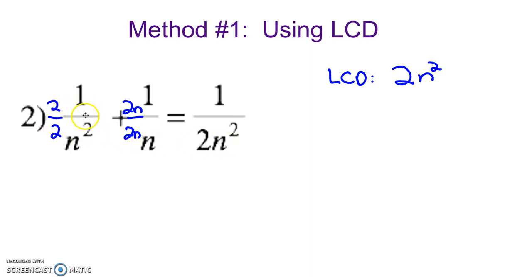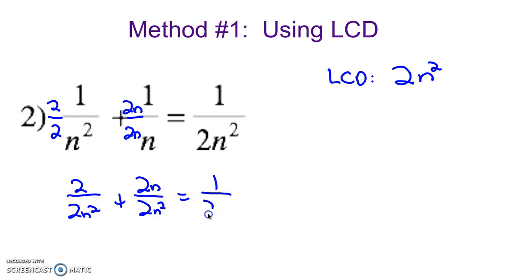Okay, so we'll follow our same rules that we did before. I end up with 2 times 1, which is 2, over my LCD, plus 2n times 1 is 2n over my LCD. And this last fraction is just the same because it already had the denominator I needed.